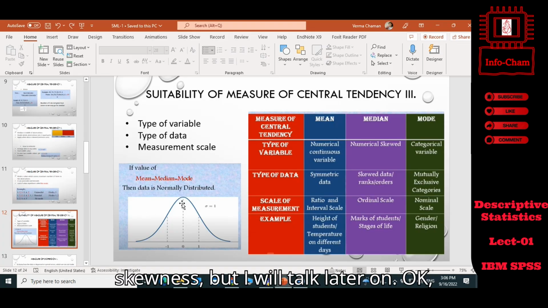That is skewness, but I will talk about it later on. Okay. So please think about it. Your data should be normally distributed for applying the statistical test. And I will tell you later on when the topics come, we will see which test is good for this, which test is good for this, right? So this is basically the idea. Is it clear?